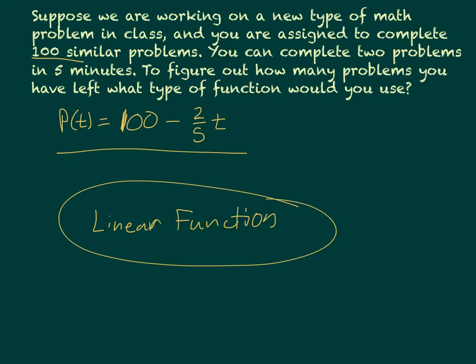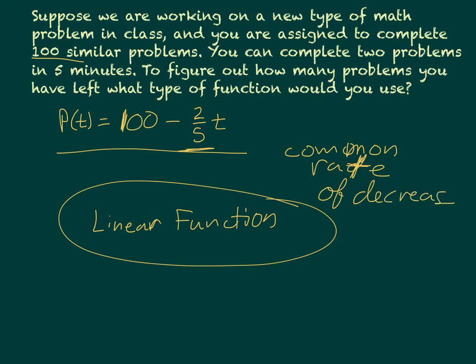Because it's a common rate of decrease. So that is why it is linear, because there's a common rate, and that common rate is 2/5.